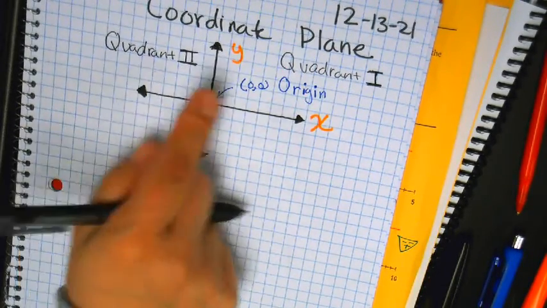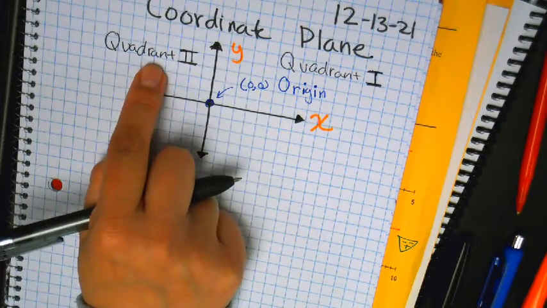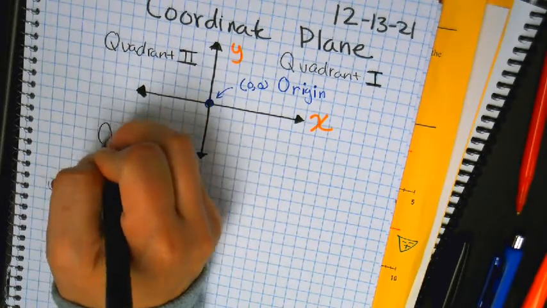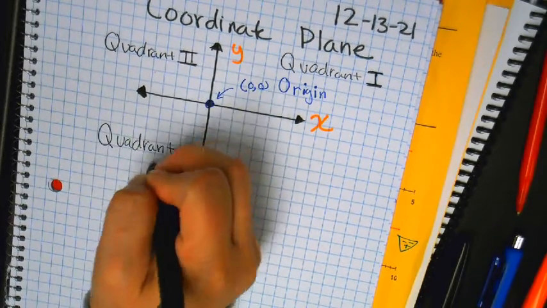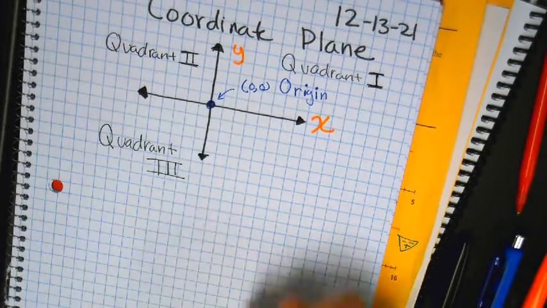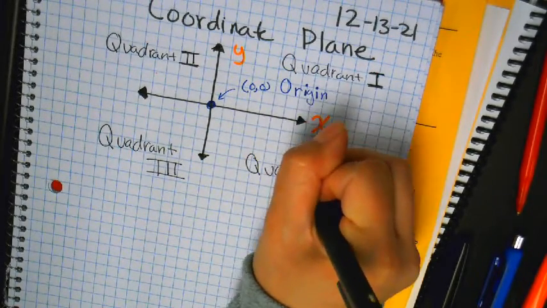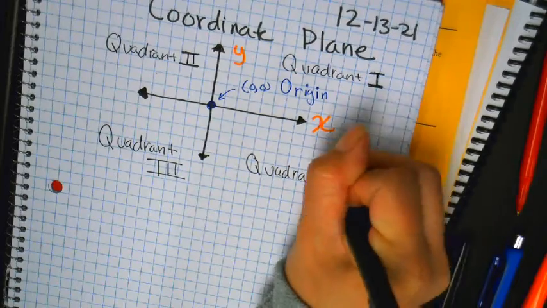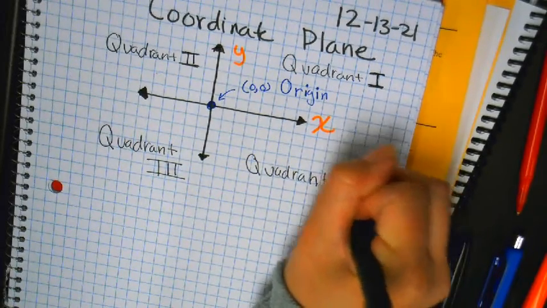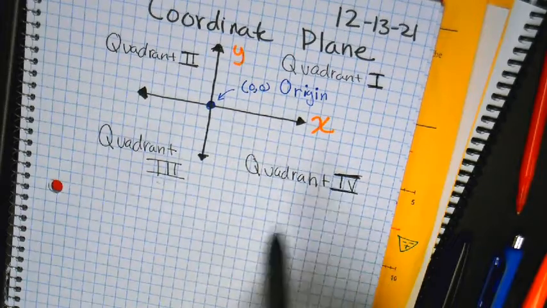You're going to go counterclockwise. This is quadrant 3. So 3 lines. And this is quadrant 4. So quadrant 1, 2, 3, 4.